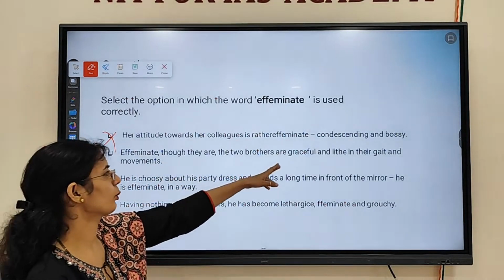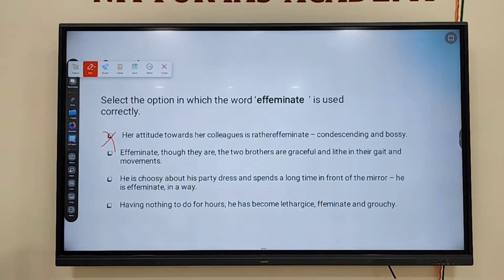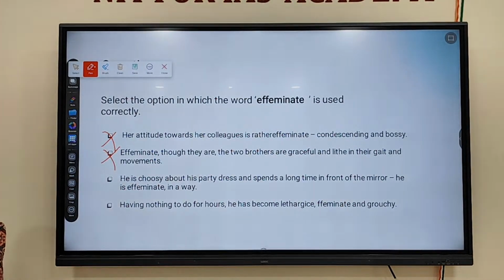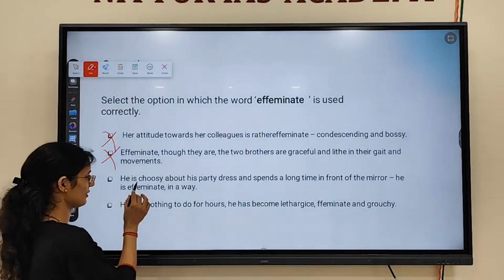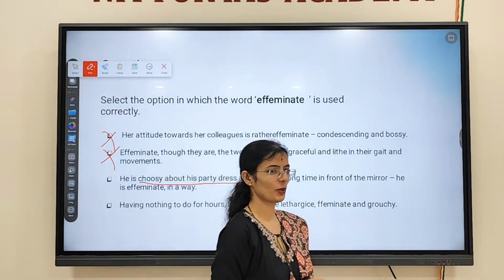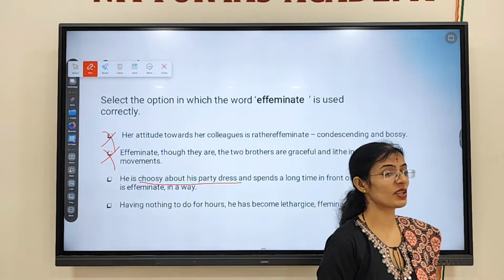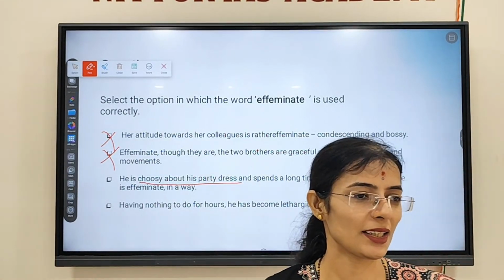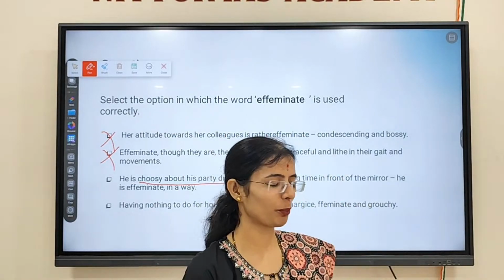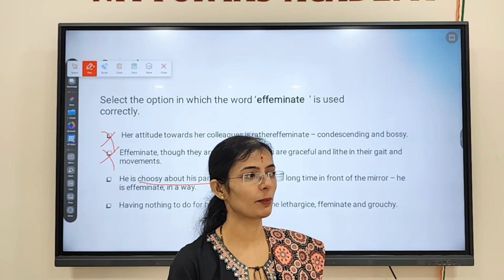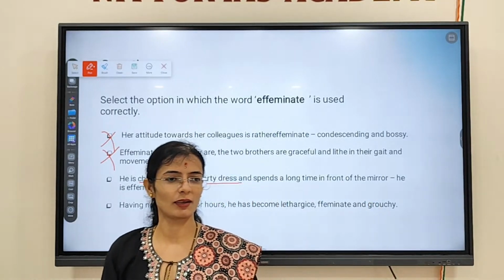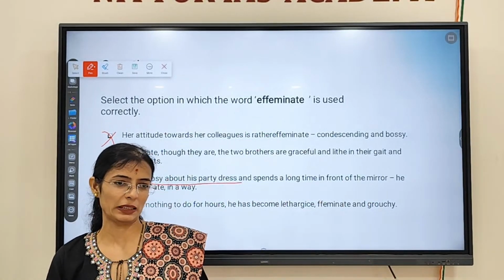Effeminate though they are, the two brothers are graceful in their gait and movements. Not necessary. He's choosy about his party dress. So always when we think about women, we have that stereotype, or I must say, we stereotype women for being choosy. They'll take time to dress up. They want to look proper, correct? And they want to fit in the event where they're going. They'll not dress up in casuals and go for the party, correct?